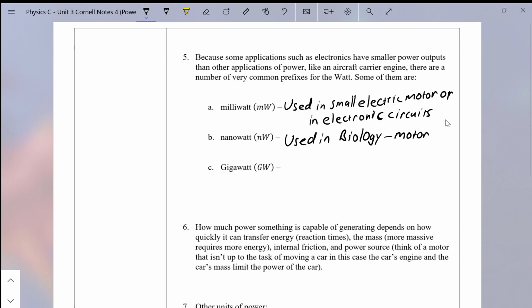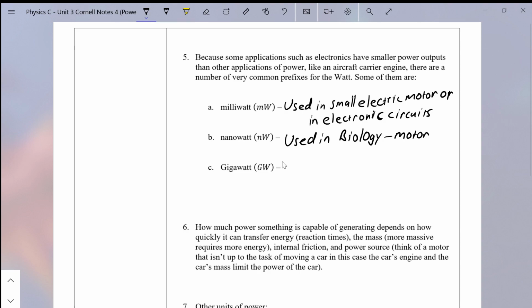It can't really rely on diffusion because that'll take too long, and so it uses these motor proteins. These motor proteins have to exert a force, usually fairly constant force, and it causes a force times a distance, work being done, and that takes time. And so, in a lot of biological systems, they will use a nanowatt to describe that power output.